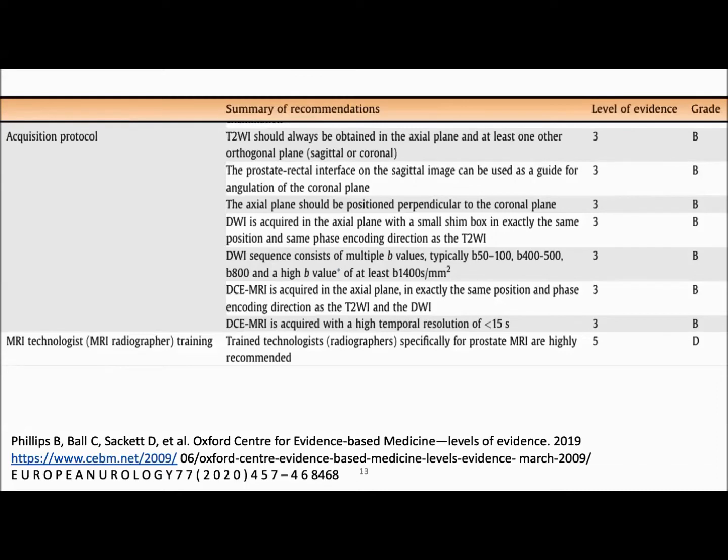And a delayed axial image is also acquired to look at the pelvic lymph nodes as well. And for this purpose, of course, a trained technologist, radiographer is recommended, which is not always available.